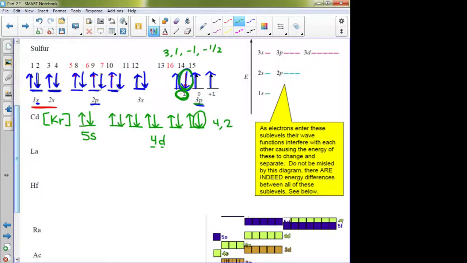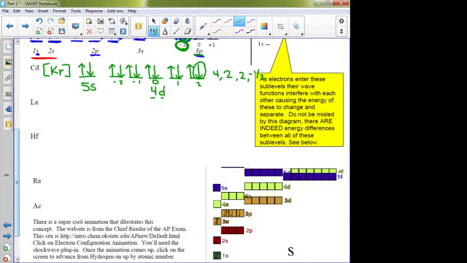What is my M for this? +2, right? I put the 0, -1, -2, +1, +2, so it's a 2. And what is my S? -1. We okay?